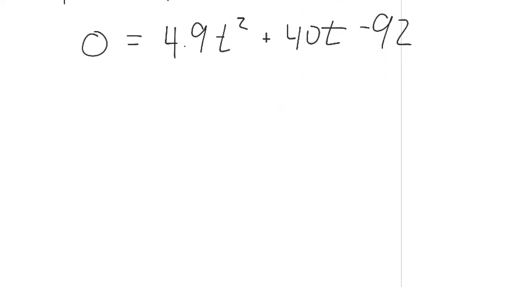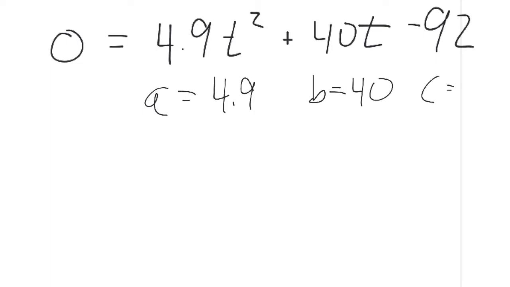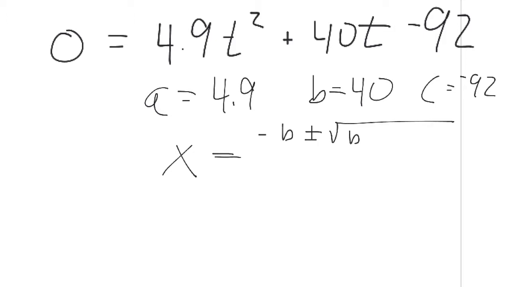And of course the a, b, and c values, if we use the quadratic formula, are a equals 4.9, b equals 40, and c equals negative 92. x equals negative b plus or minus the square root of b squared minus 4ac all over 2a.